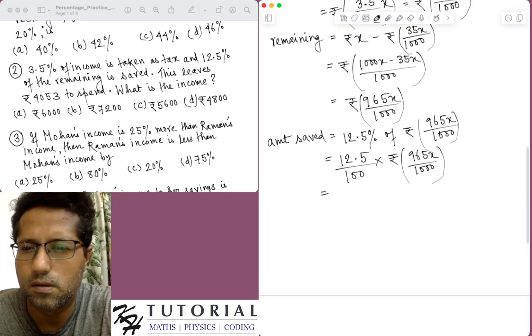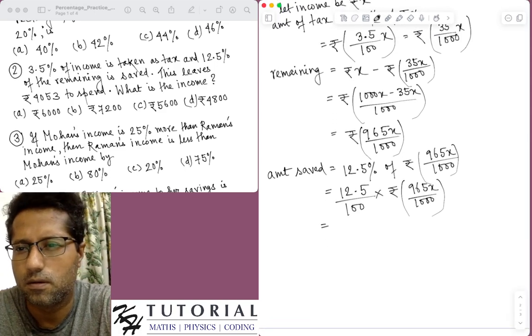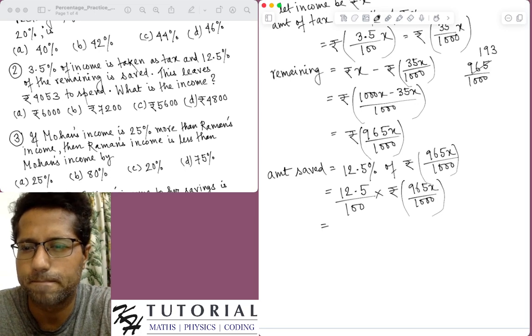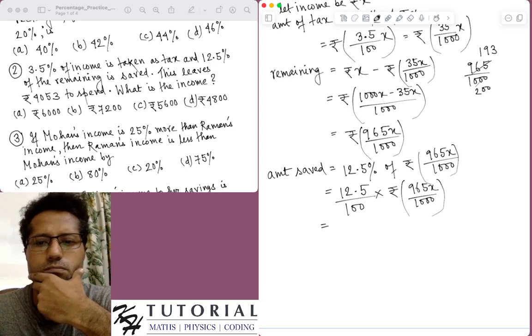Now how much is 965 by 1000? If we simplify it, dividing by 5, we get 193 by 200.